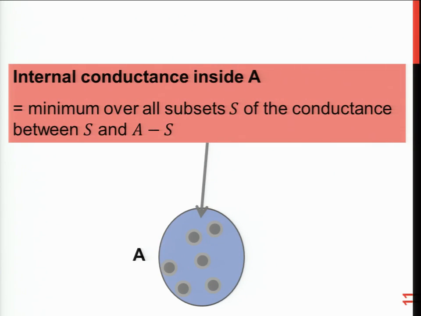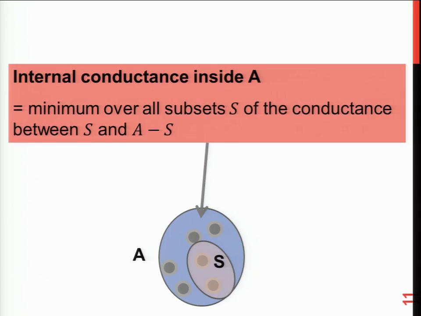It's the minimum over all subsets S of the conductance between S and A minus S. If I say that this cluster A, this group of nodes, has high internal conductance, it means that if you look at any subset S of it, there are a lot of edges going between S and the rest of A. I already defined conductance as the number of edges divided by the minimum of the volumes of S and A minus S, but I want to make sure that you don't have any subset inside A such that there is a small number of edges between that subset and the rest of it. That is the definition of internal conductance.